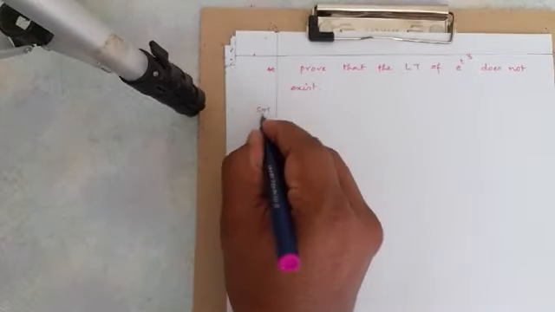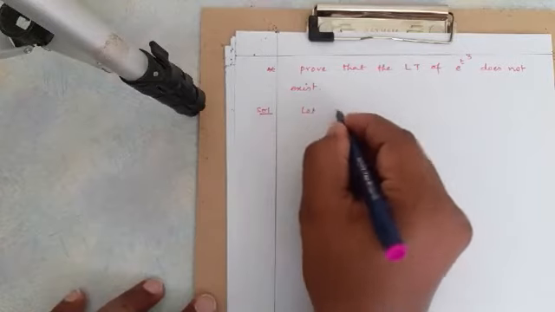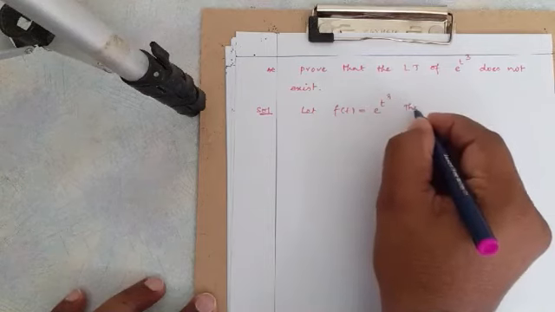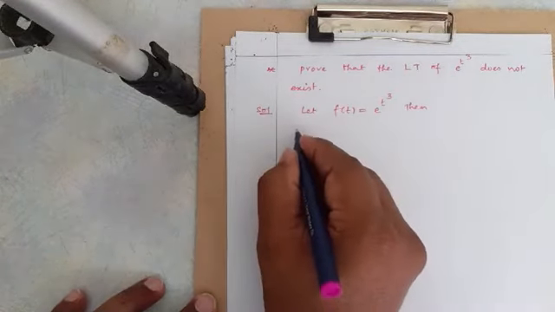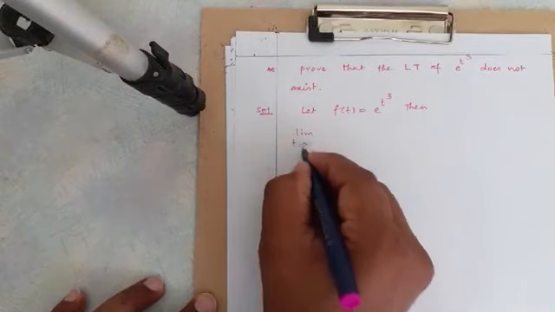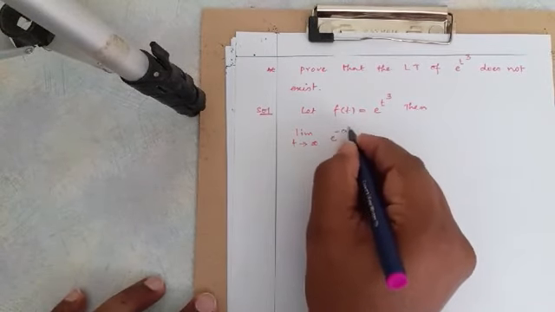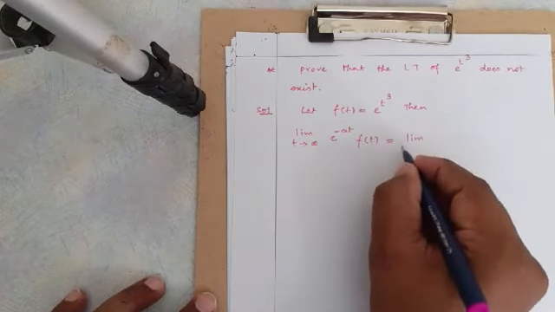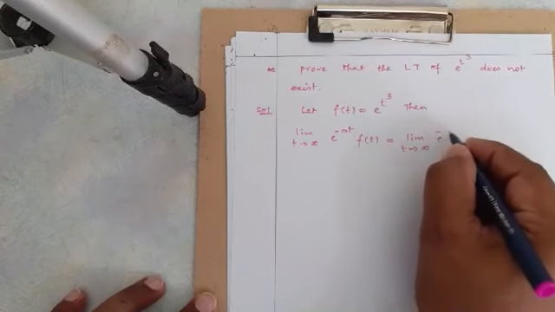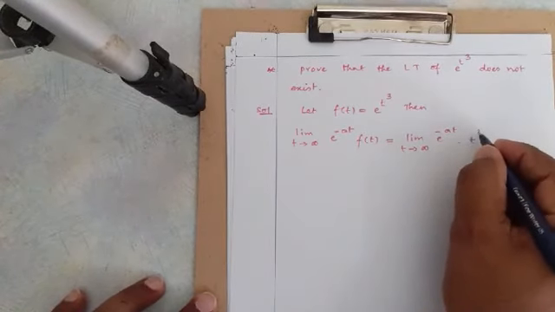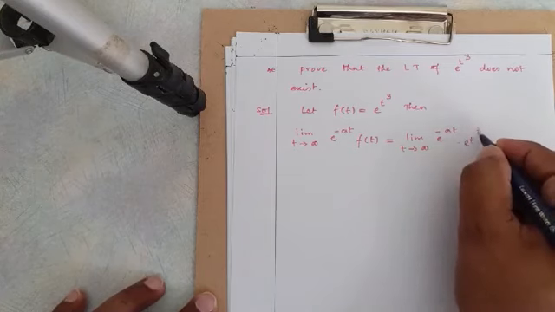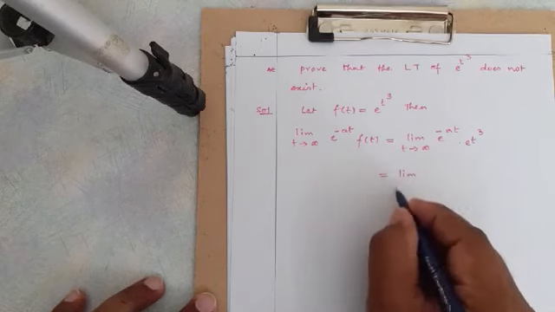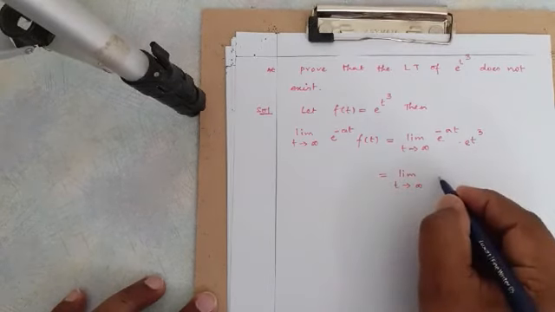Now when you write the solution, here f of t is given as e power t cube. Then, as I have shown you, the formula is limit t tends to infinity e power minus at into f of t, which is limit t tends to infinity e power minus at into e power t cube. Now the bases are the same, so the powers should be added.